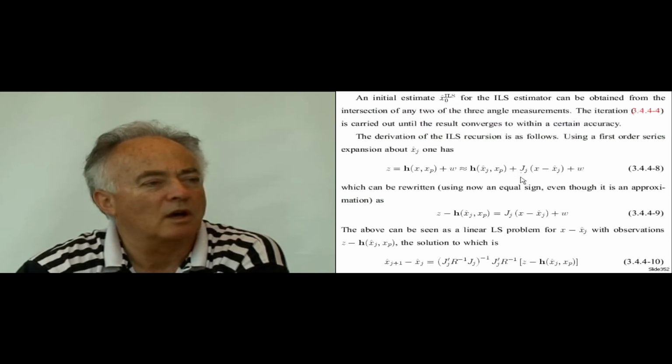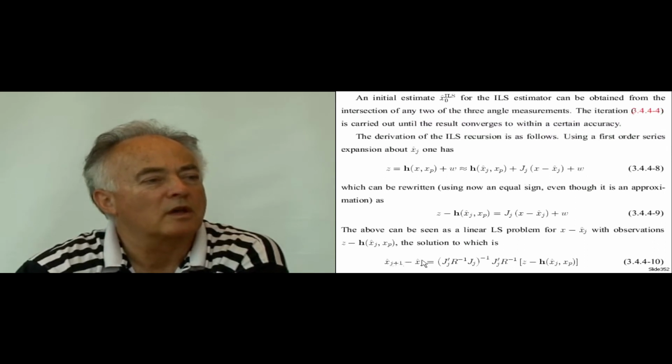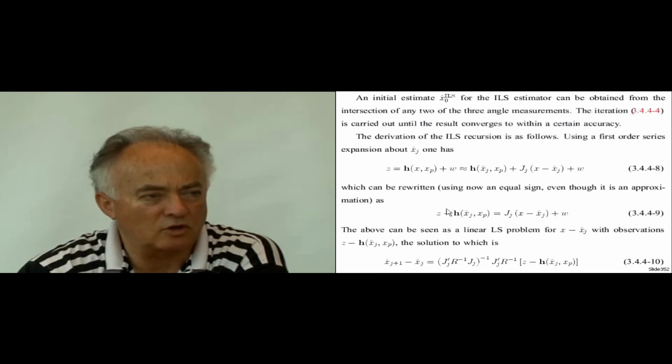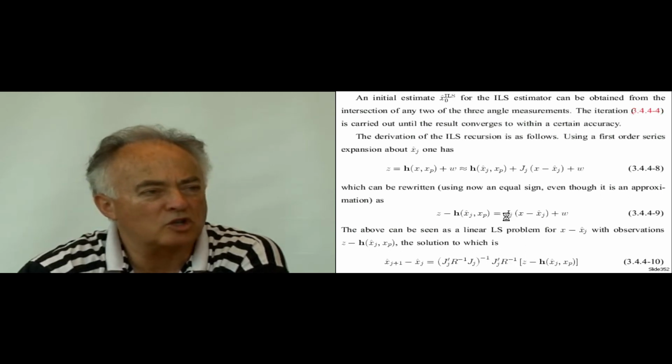So, based on this, we can solve this, we call this the observation. This is a constant, because that's evaluated at x hat j, and we can solve for x hat, that's the new solution, x hat j plus 1 minus x hat j is the standard least squares, where this used to be an H matrix in the batch least squares.